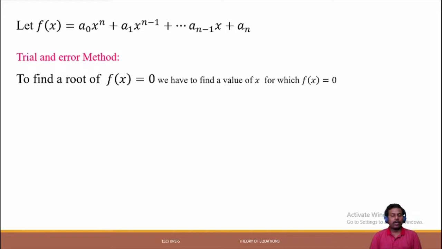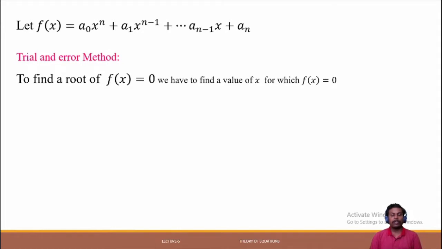How to check? You just substitute that alpha in the equation and you get f of alpha. If f of alpha is equal to 0, then you can claim that alpha is a zero of that polynomial equation. If f of alpha is not equal to 0, then alpha is not a root.